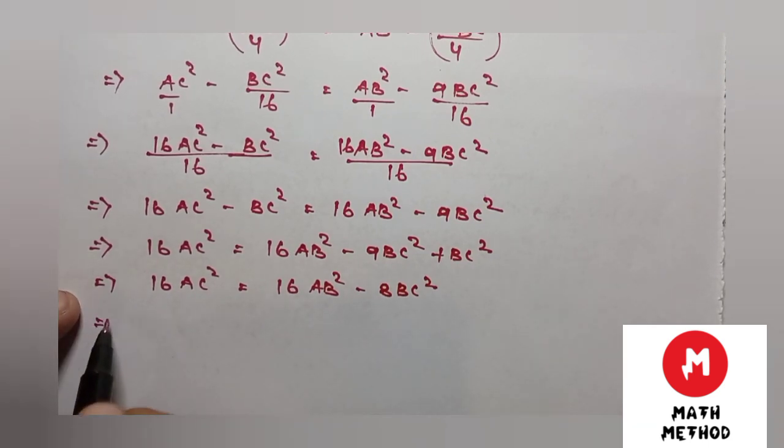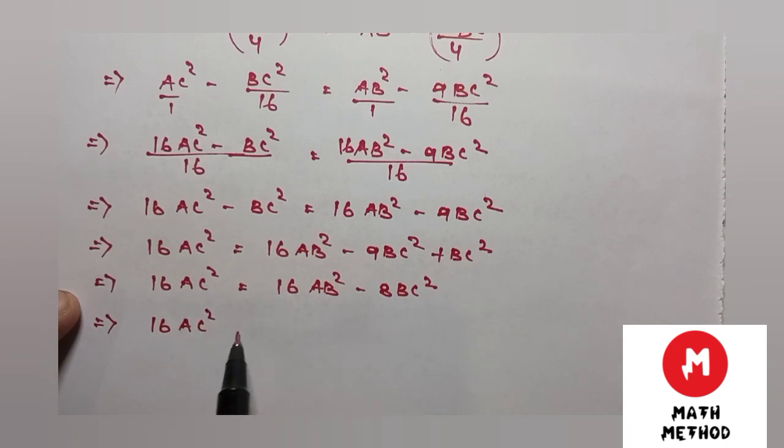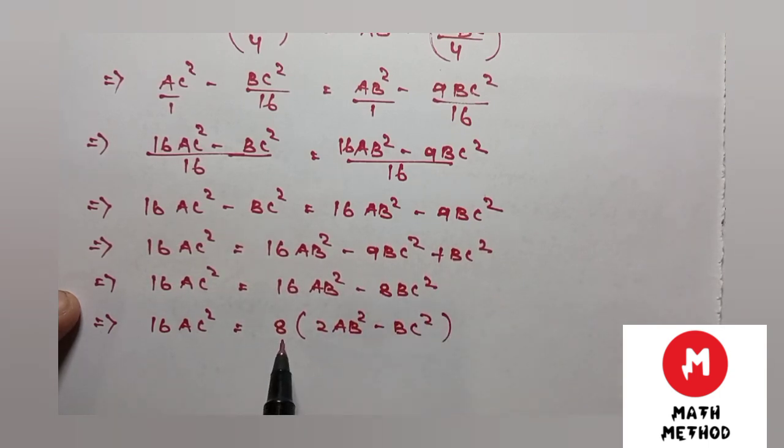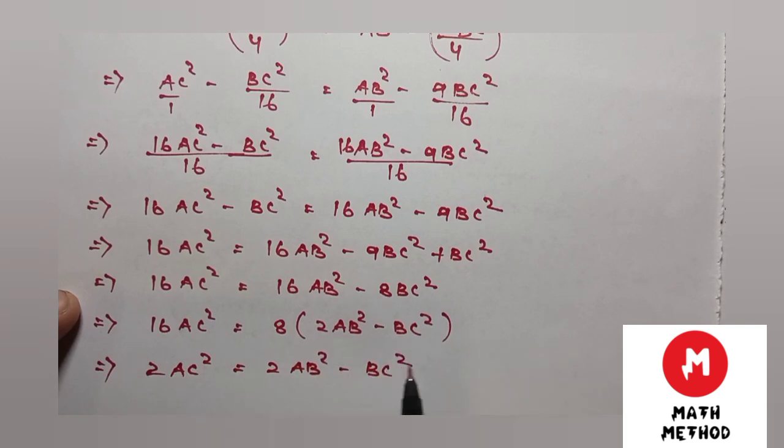So 16AC square is equal to, by taking 8 common from both, 8 times 2AB square minus BC square. Now transpose 8 to the LHS; since 8 is multiplied on this side, it will become the denominator. So 16 upon 8 is 2, and 2AC square is equal to 2AB square minus BC square.